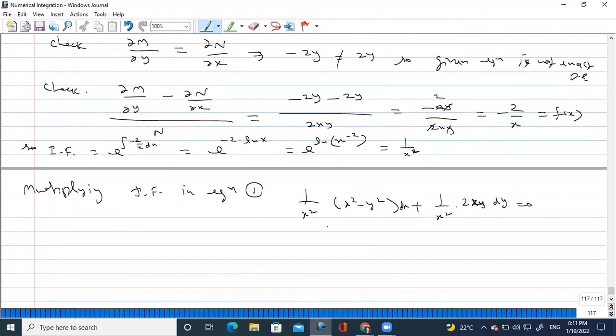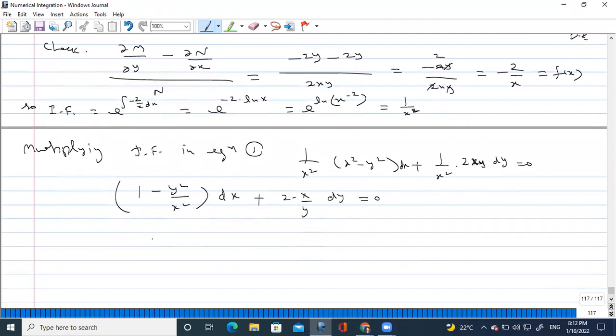So multiply this inside, it will become (1 minus y square by x square) dx plus 2y by x dy equal to 0. So if you compare it, this will work as M now and this will work as N now.